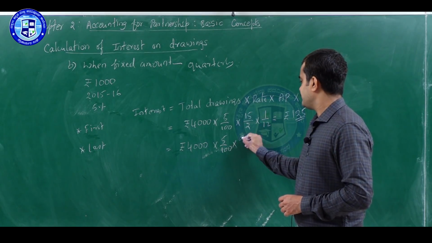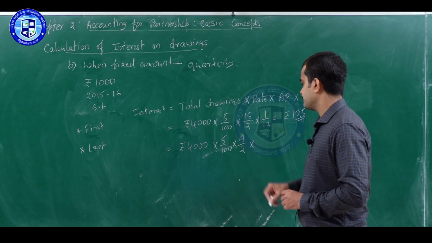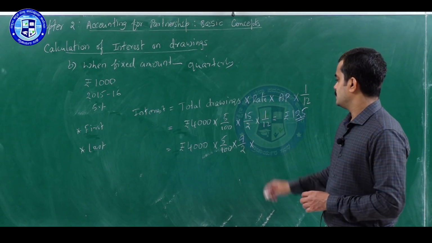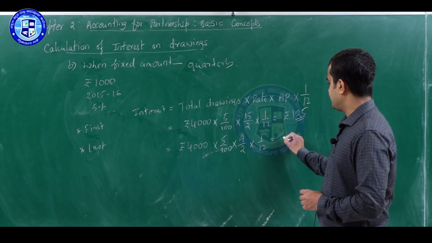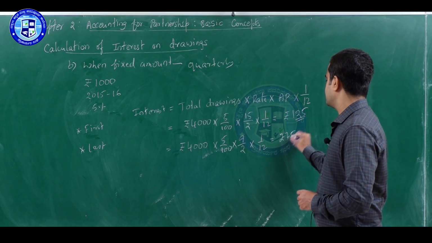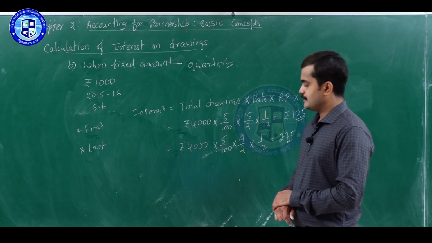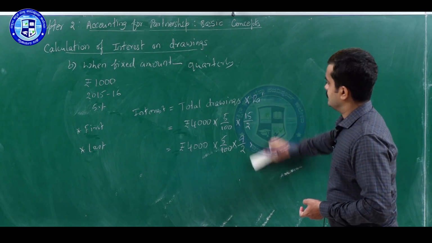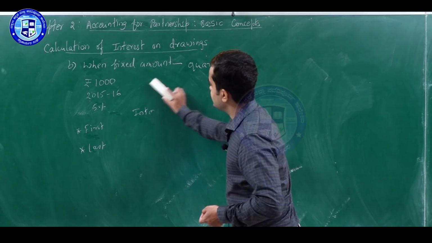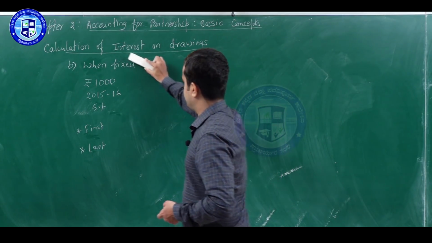Now, average period is 9/2 into 1/12, and the amount comes to rupees 75. So, this is situation second or B, that is when a fixed amount is withdrawn quarterly.